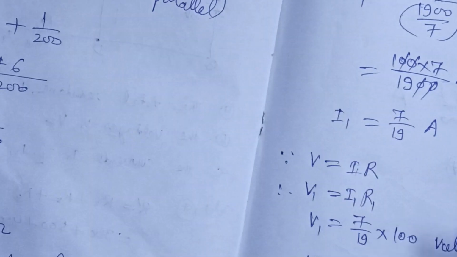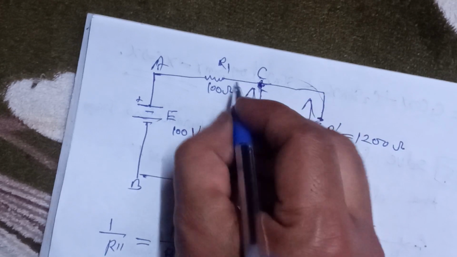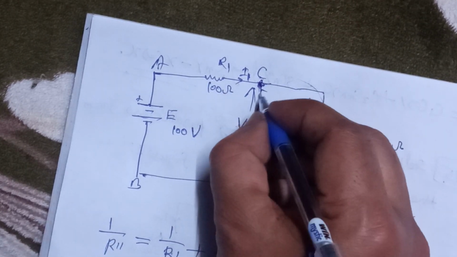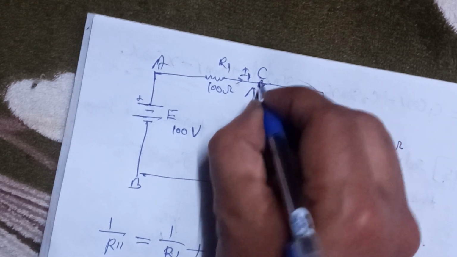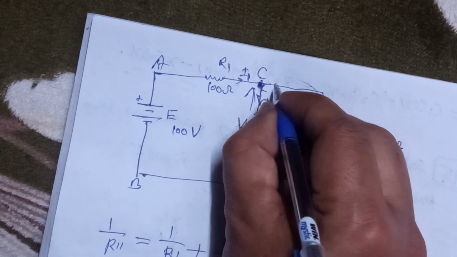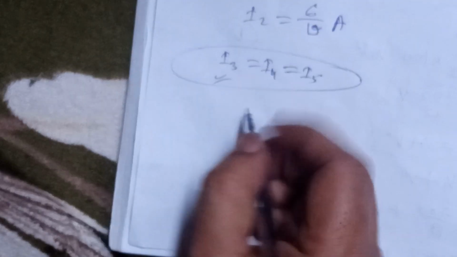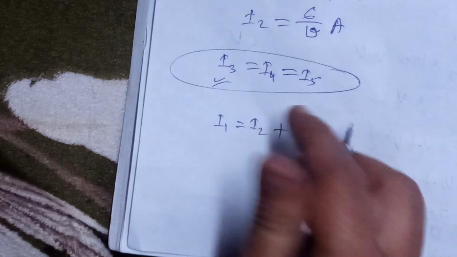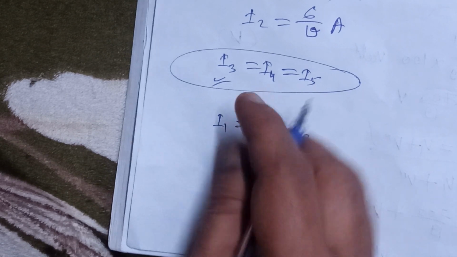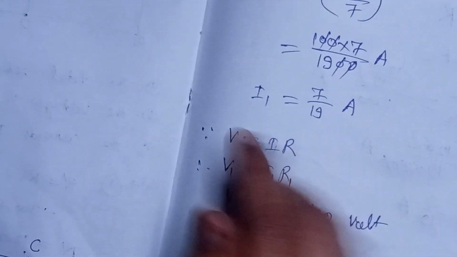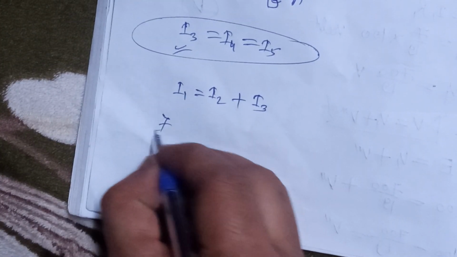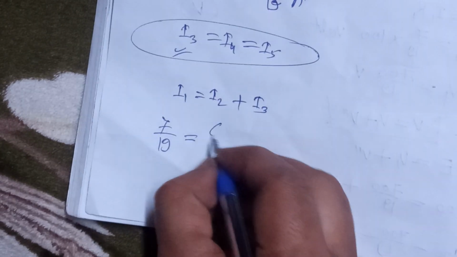Here we see that this current I1 is distributed in two parts at the junction C, I2 and I3. Therefore we can say that I1 is equal to I2 plus I3. I1 we have already found, 7 upon 19, and I2 is equal to 6 upon 19.